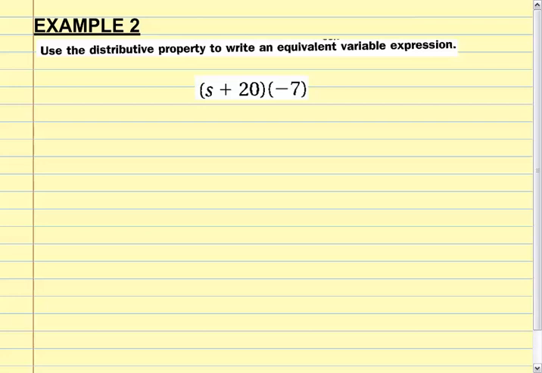Help us out here. What do I need to do when it says use the distributive property to write an equivalent expression? What do I do here, Hannah? Okay, so what you're going to do is you're going to do 7 times. I don't see 7 on this board. Negative 7. And what would you like me to multiply it by? 20. That's good because things next to parentheses mean multiply.